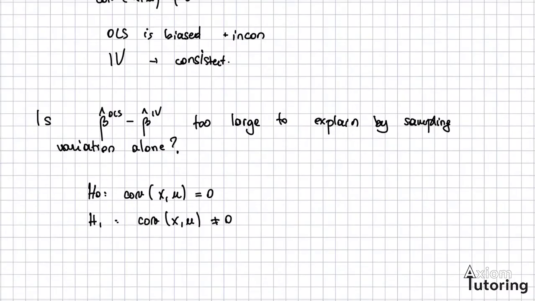Now, the first case would mean OLS is consistent and differences between OLS and IV are not statistically significant. In the second one, it would mean that these differences are actually too large to be simply associated with the sampling variation. So we are testing whether the gap between these two estimators is statistically meaningful or just noise.